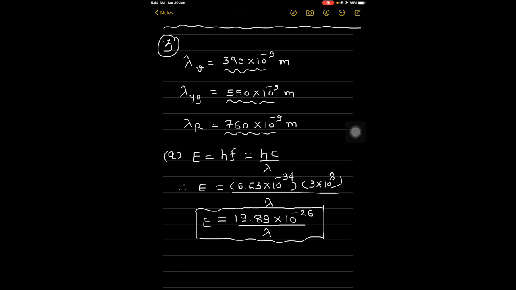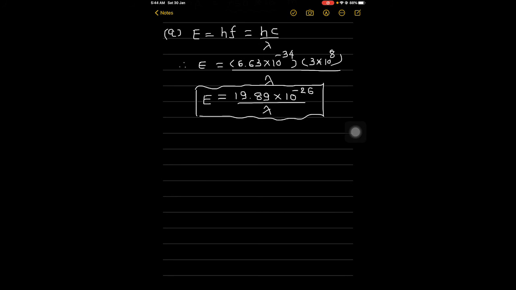Now to find this for the different conditions, we can apply it, first for energy E1 for the violet color. We can write E1 equals 19.89 into 10 raised to minus 26 divided by 390 into 10 raised to minus 9 meter.